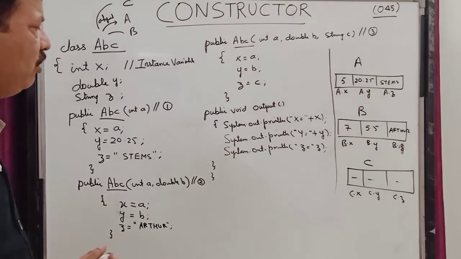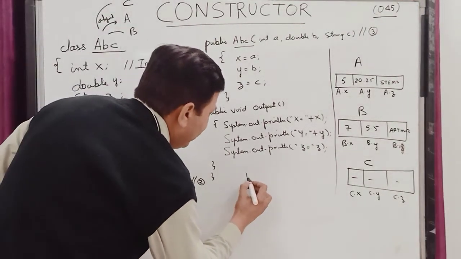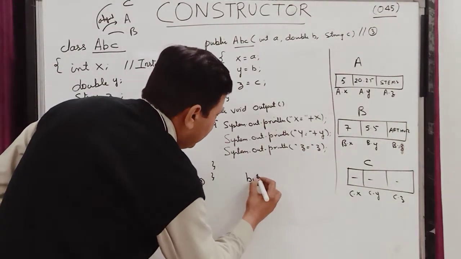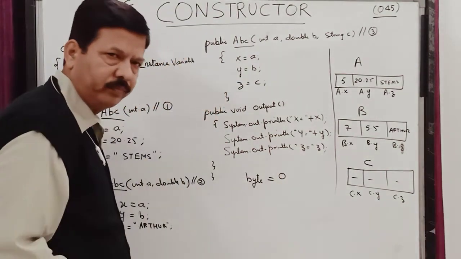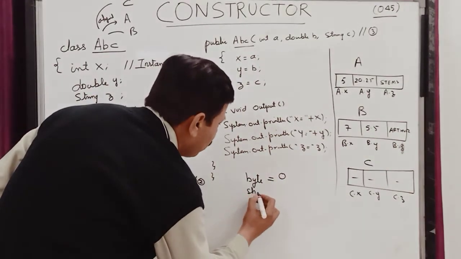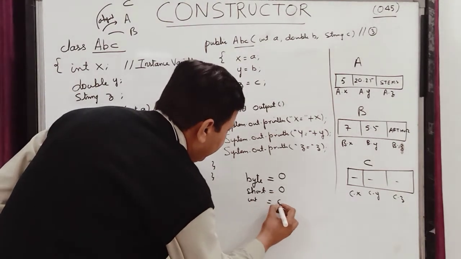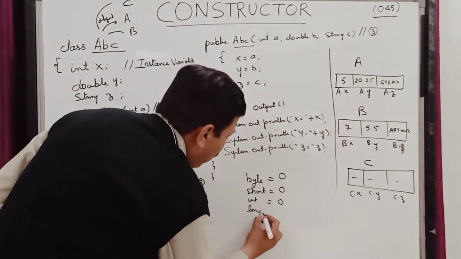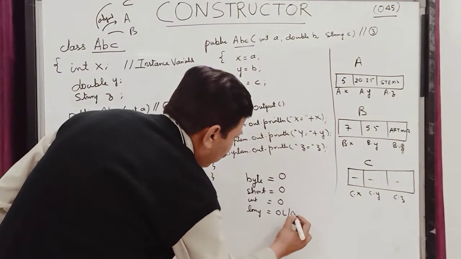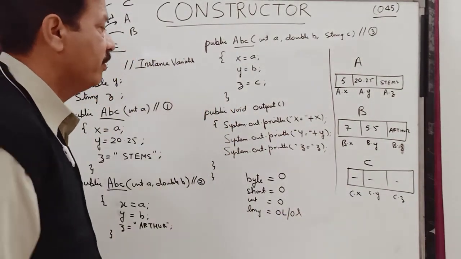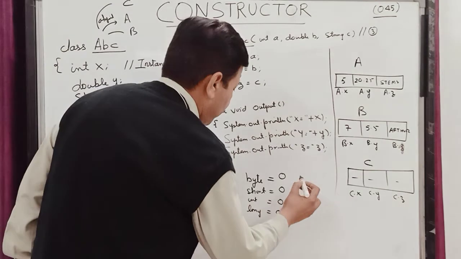So the default values are: if you have a data type of type byte, its default value is 0. If you have a data type of short, its default value again is 0. For int it is 0. For long it is 0L or 0 small l. These are the default values. Then children, I'll be writing here only.